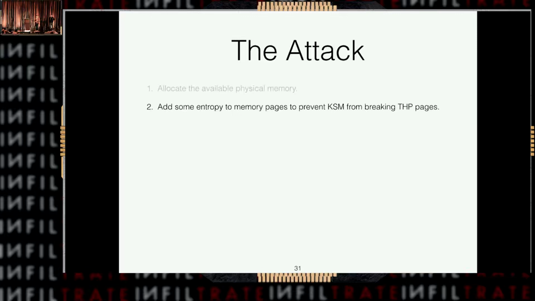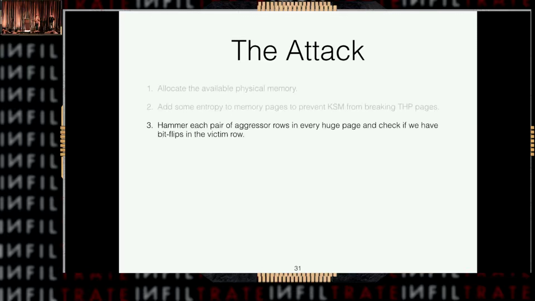After that comes the long step, which we can't do live because it is obviously too long. So we hammer each pair of aggressor rows in every huge page and check if we have bit flips in the victim row, and we check whether the flip is interesting with regard to our target.